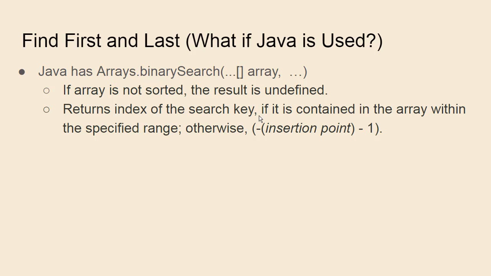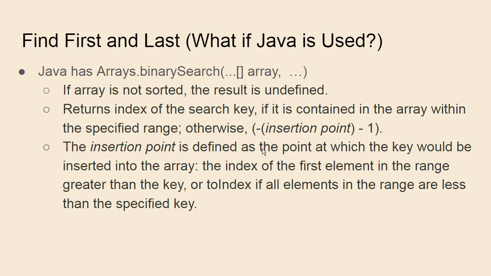If it's sorted and the element you are searching for appears, it will return an index that points to the element that appears. If the element does not appear, it will return a negative number, so that you can distinguish between appearance and non-appearance by using the sign. The value also has meaning: it returns negative insertion point minus 1.